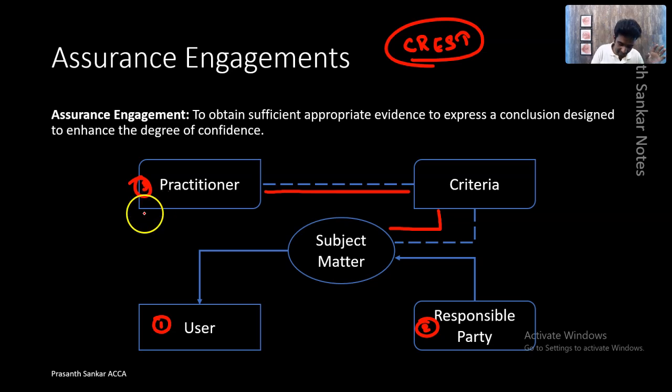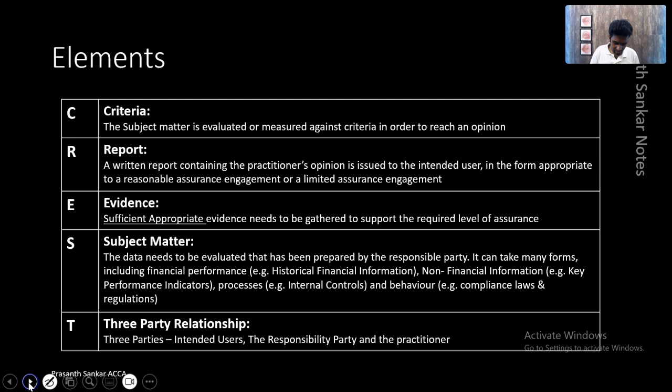So ultimately, the practitioner will give a report to the user, and because the practitioner is an expert in nature, based on his report, the user's confidence will improve. On what? On this subject matter, the user's confidence will improve. So that is called an assurance engagement.